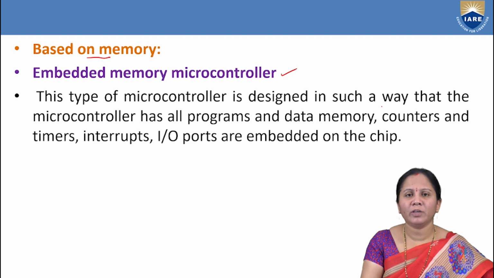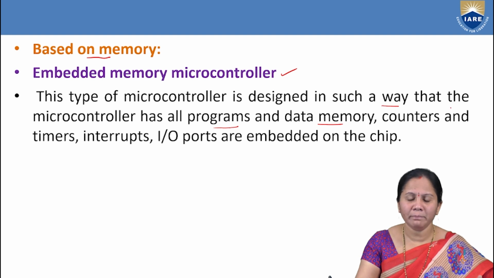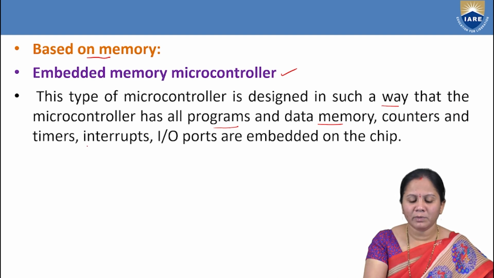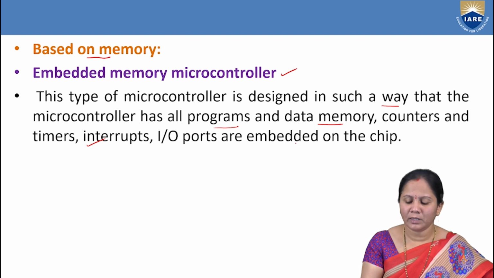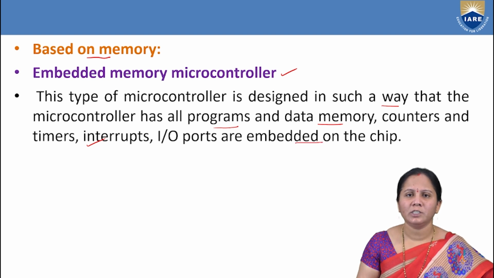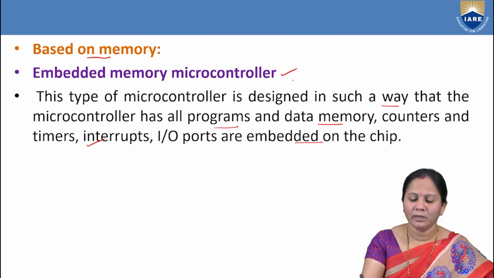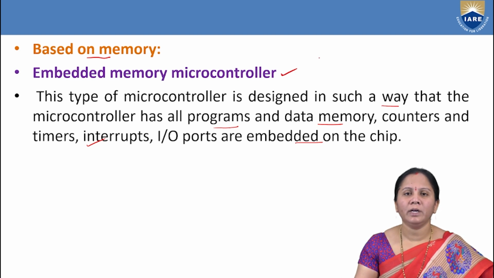This type of microcontroller is designed in such a way that it has all the program and data memory, along with ROM and RAM, and timers, interrupts, IO ports, and serial ports, everything embedded on a single chip. That is why it is called an embedded memory microcontroller.